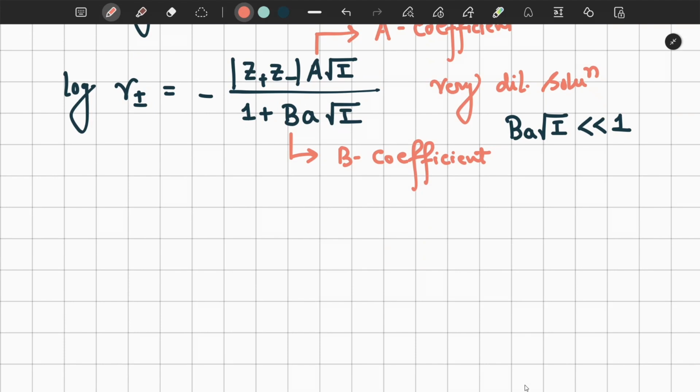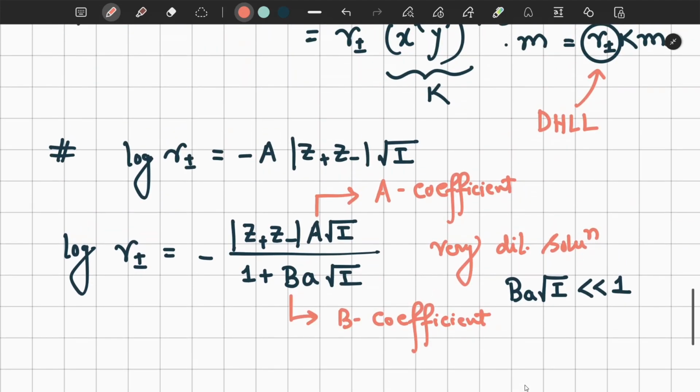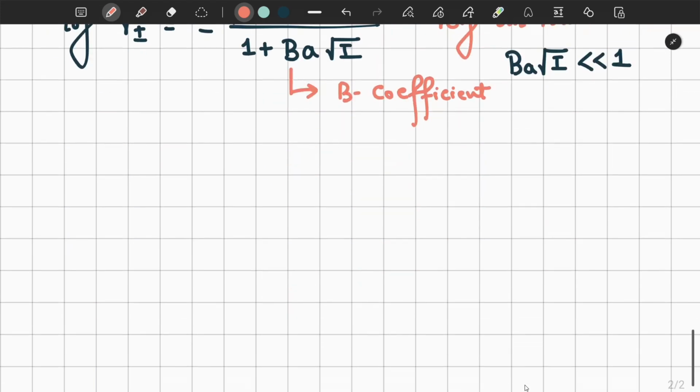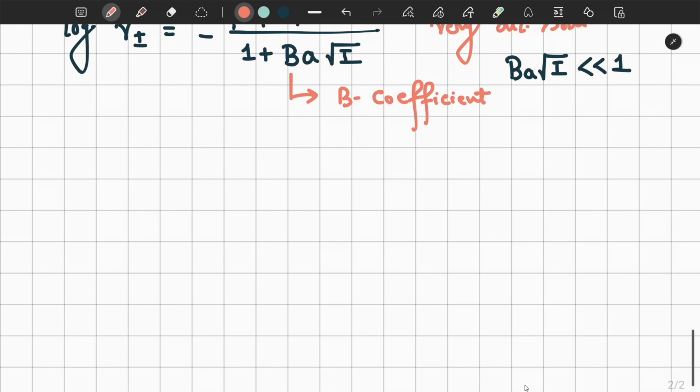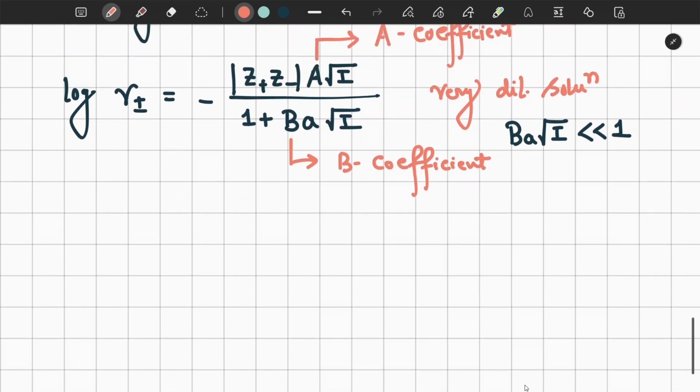But here we will consider the dilute solution. But what is I? That is important here. What is this I? Do you know it?